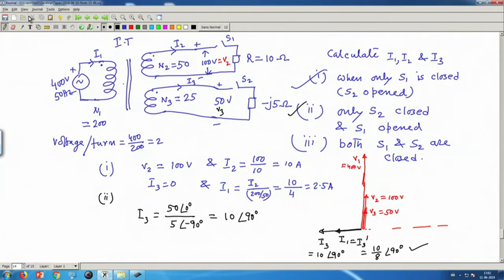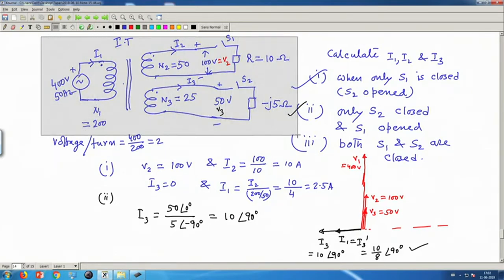Acha, for this what I will do is this, I will copy this, so that it is easier to talk. So, now, copy, go to next page.